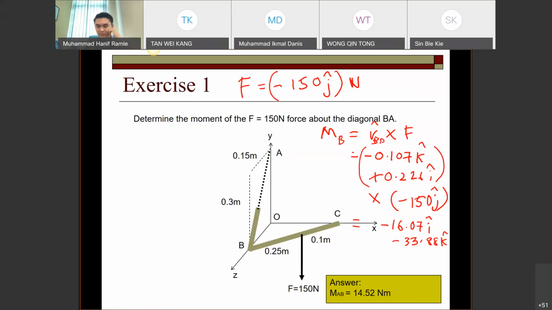Moment about point B, RBD. Please everyone check the answer while I'm writing the solution. So we do have AB, BE equal to lambda BE dot MB. Guys, do you get the same answer for MB?